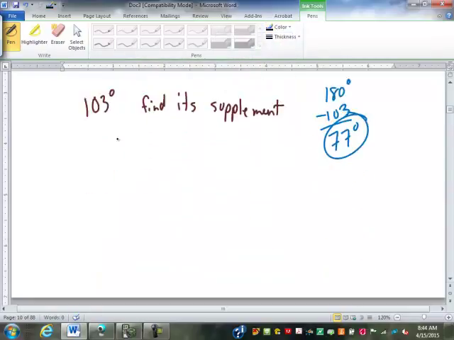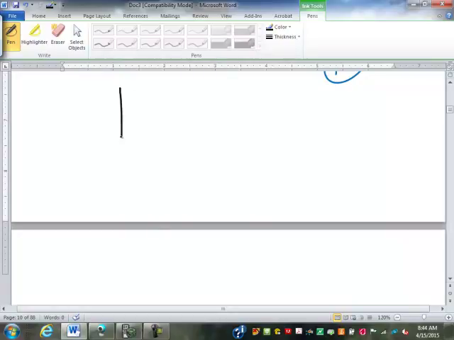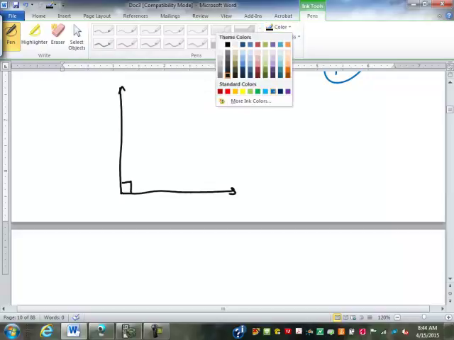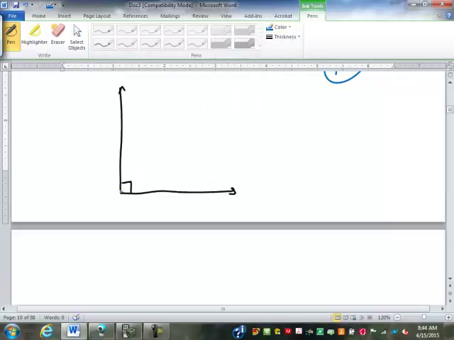Well, we have another special benchmark, the square corner, otherwise known as what? Right angle, or 90 degrees. You got it. If I drew a line in here like this and told you that this was 68 degrees, what's this angle here got to be? 22.